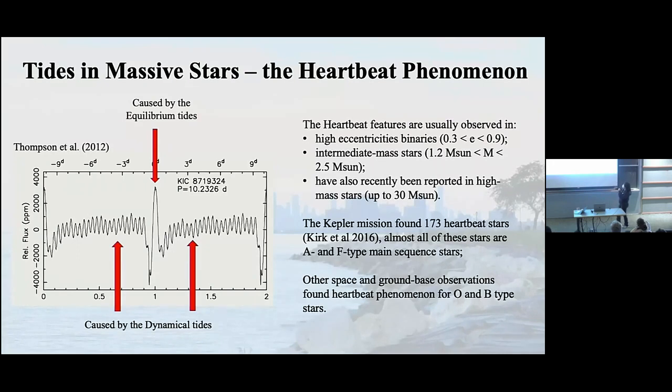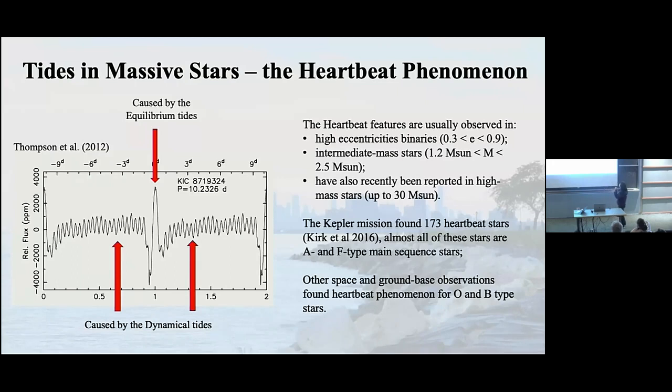This is an example light curve for a heartbeat system. We can see there's a central peak here. This is caused by the equilibrium tide when the companion star passes near the periastron of the system. We also see some high frequency oscillatory features being excited. This is the excitation of the dynamical tide.